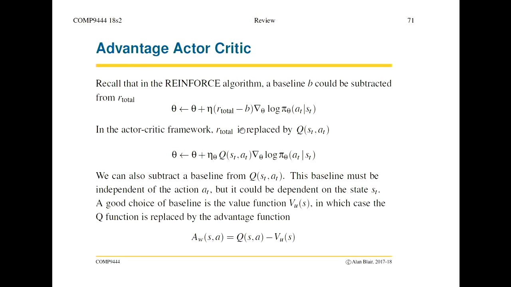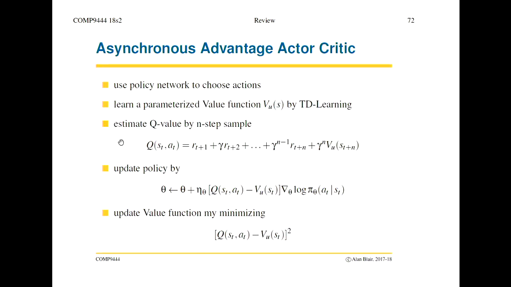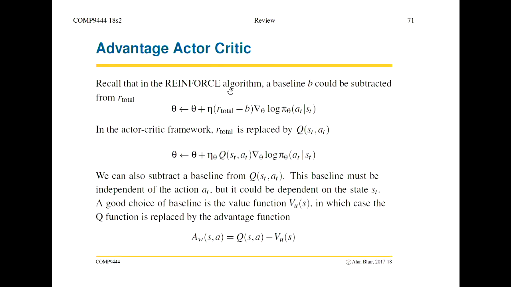And then finally we have this advantage actor critic. This combines policy learning and value learning, and it's called advantage because we treat the value function as a baseline.